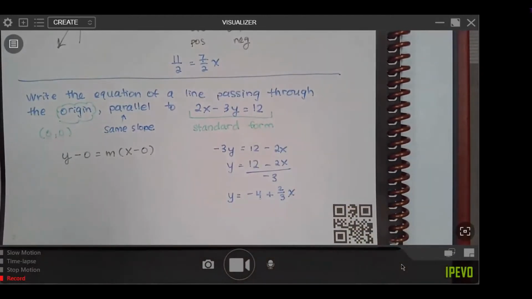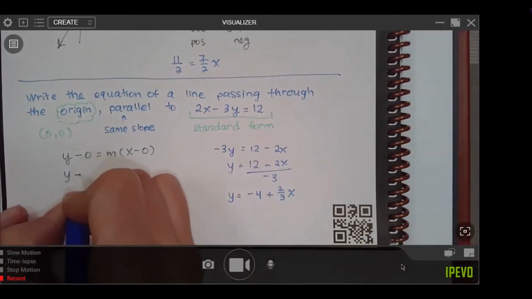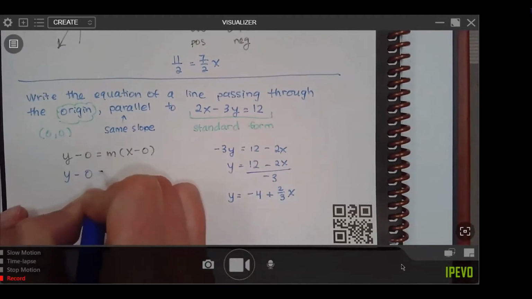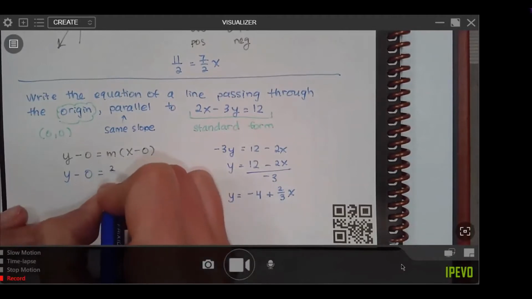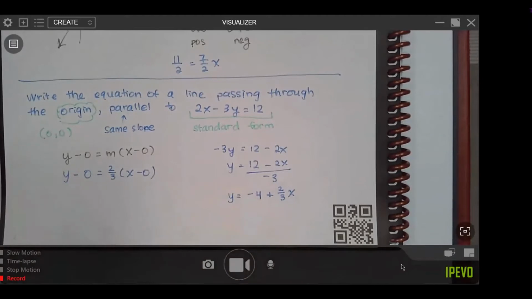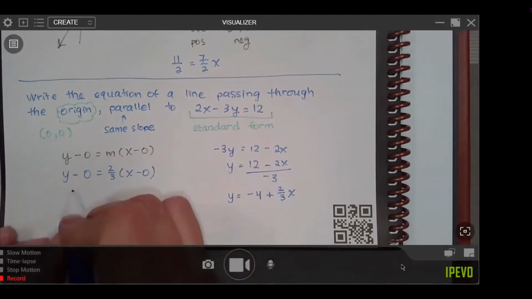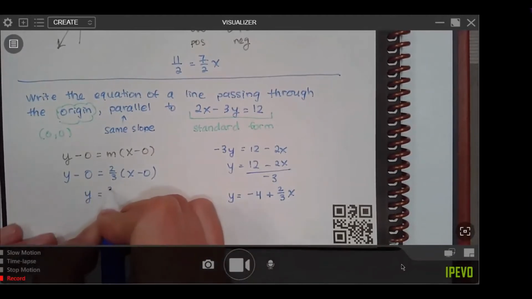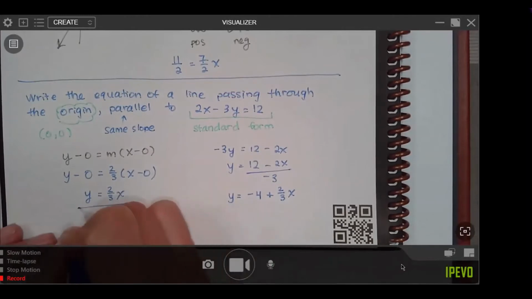Some people can get to that 2/3 in their head. Totally fine if you get to that 2/3 in your head. I always worry for myself about making mistakes, so I do usually write that out. So I've got y minus 0 equals 2/3 x minus 0. We don't really have to write those zeros, so we can just say y equals 2/3 x.